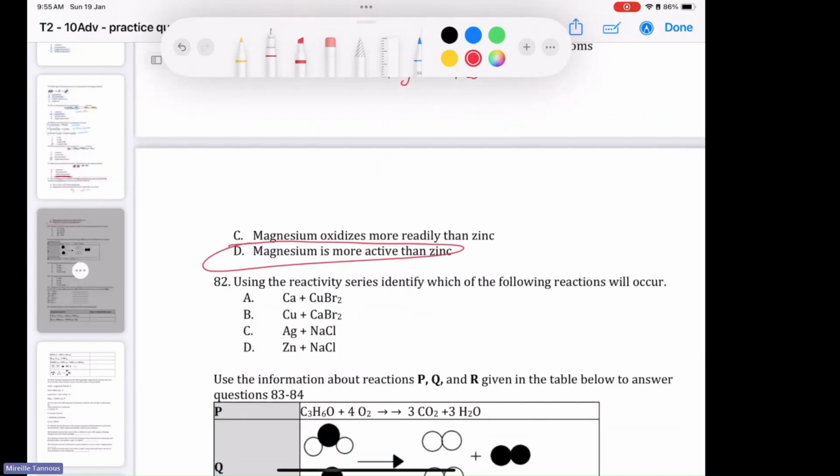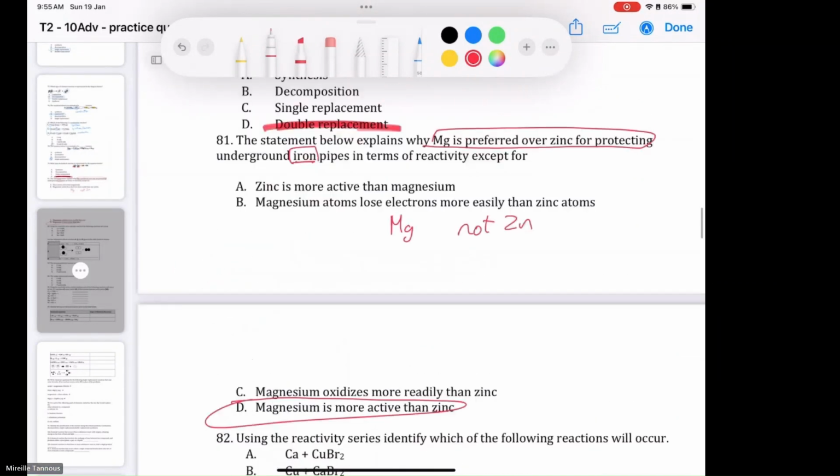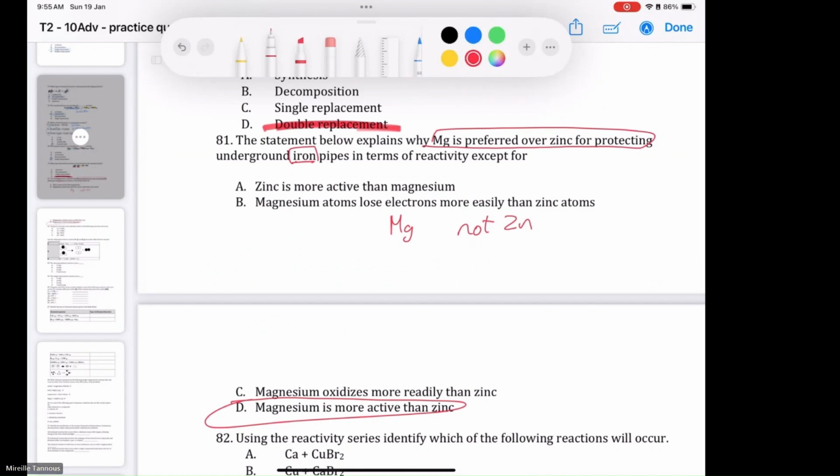Next question. You choose B. Oh yeah, B is also the same. Magnesium loses electrons more easily than zinc. Yeah, B, except.